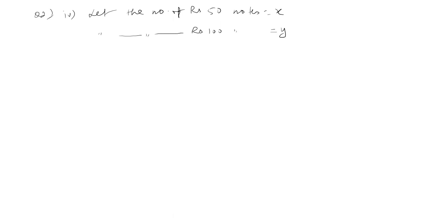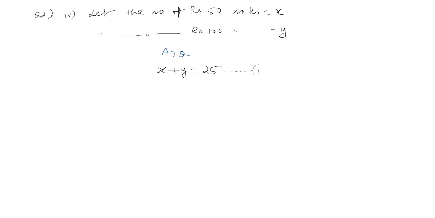Now, according to the question, the total number of notes she got from the cashier is 25. So counting the notes she received, they make 25 notes.